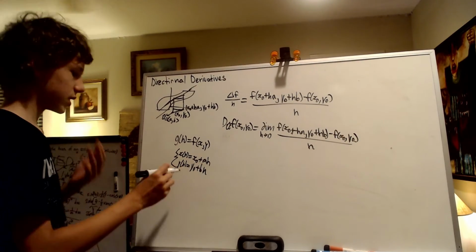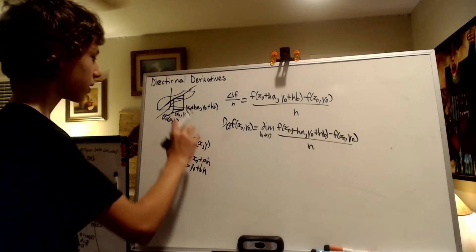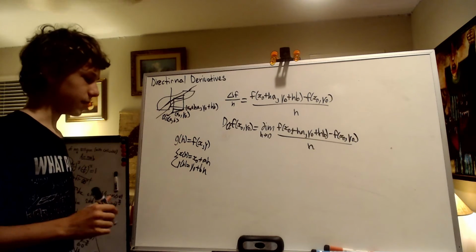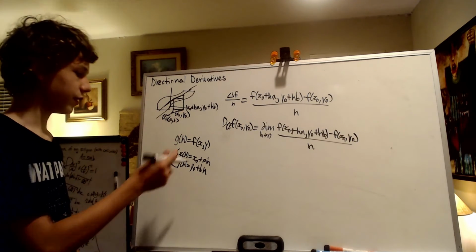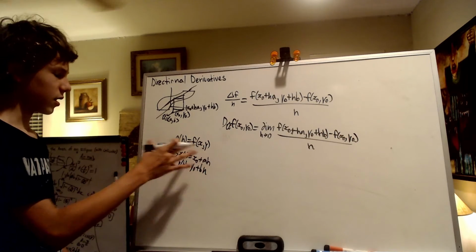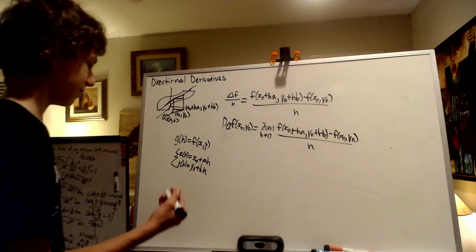So that's the line where we have our unit vector a, b. And that's the motivation for considering this somewhat arbitrary composition.